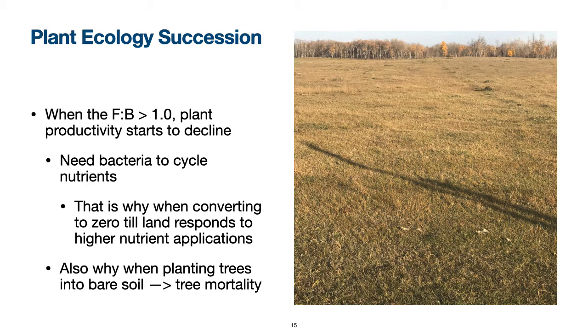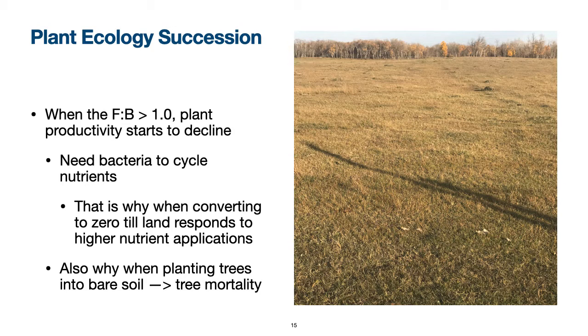This also means that when we are planting trees, if you remember, a tree wants to be above 2 to 1 fungal to bacteria ratio. So when we have nice black soil with no weeds, because we've worked it intensively, we're going to be at about 0.3. When we do that, we're going to see a lot of mortality in our trees.